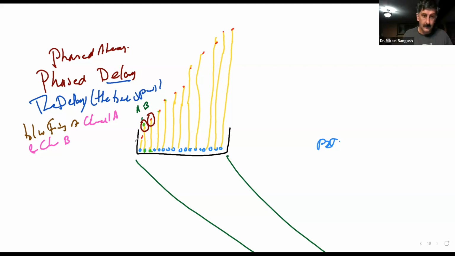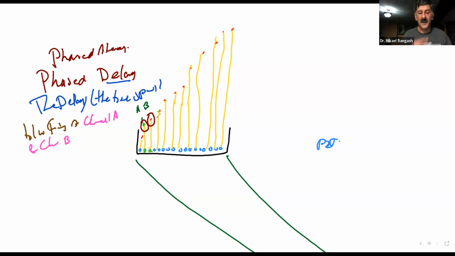Whereas the pattern in which the PCTs are going to be firing is going to determine the direction in which the beam is going to be steered, or you can say the steering of the beam.